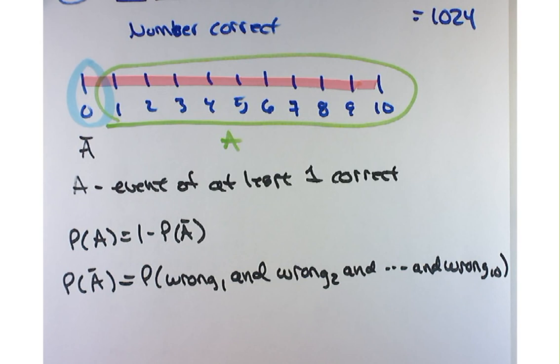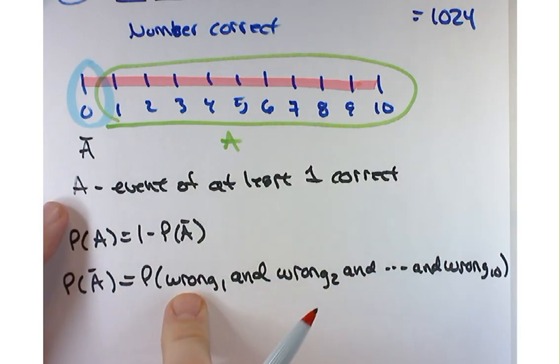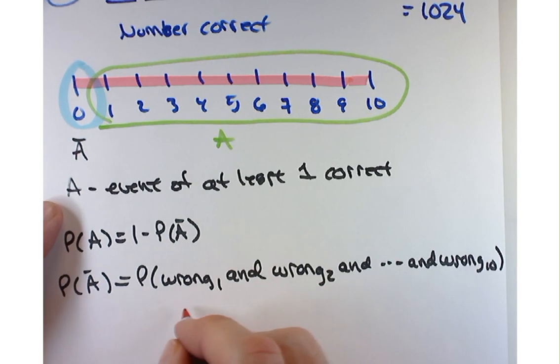There's an assumption here that we're going to use to finish this calculation. And it's a reasonable assumption. If you guessed the first one wrong, does that affect the probability of you guessing the second one wrong? No. So they're independent.